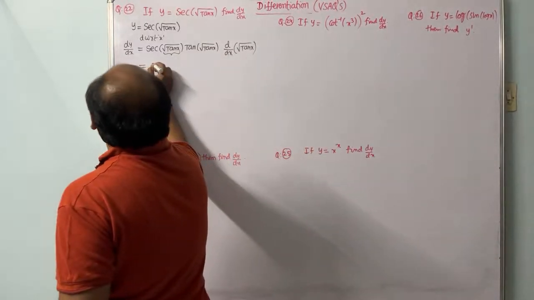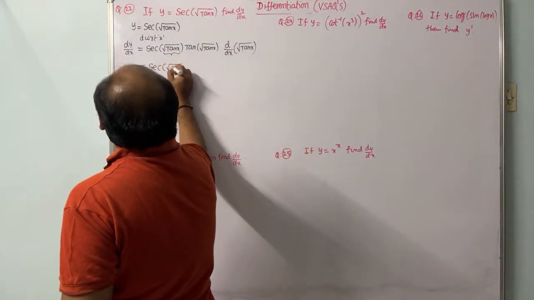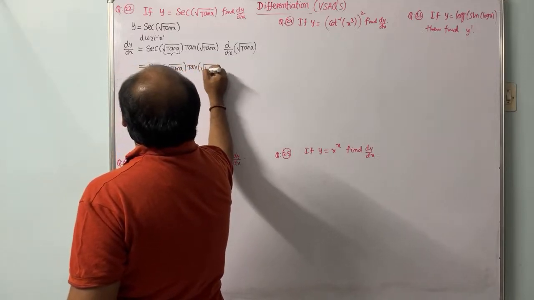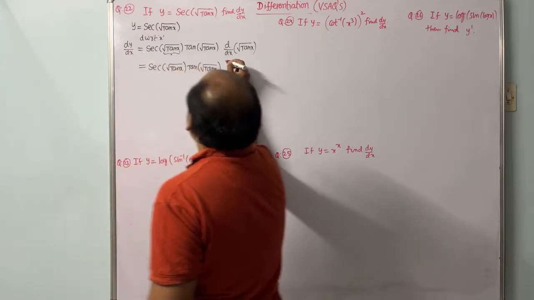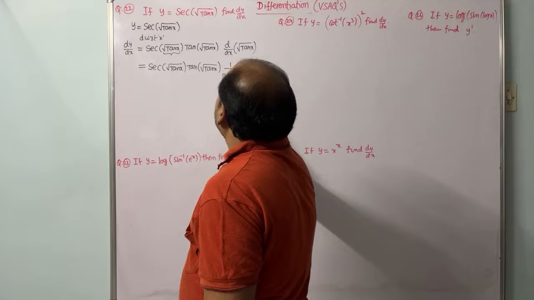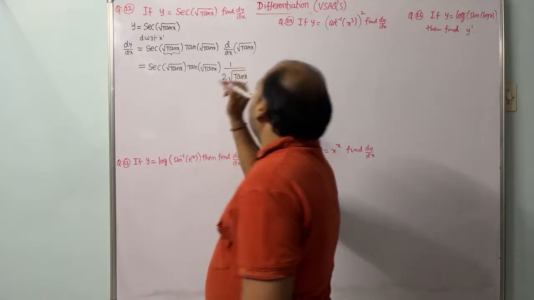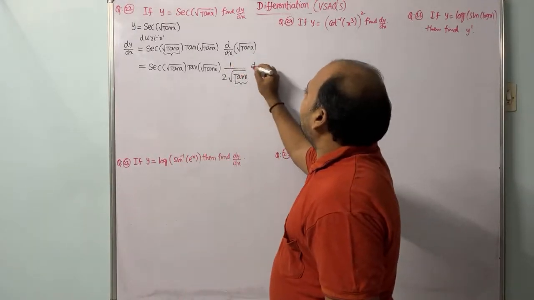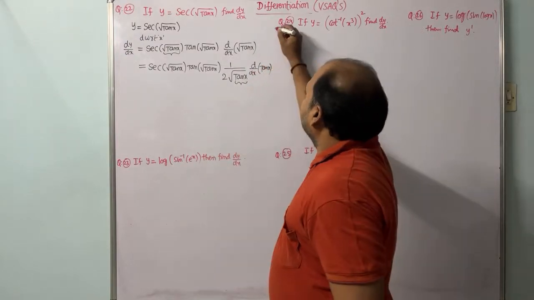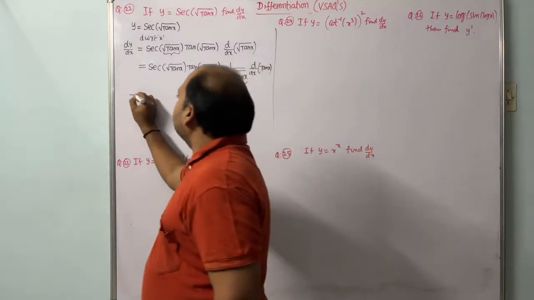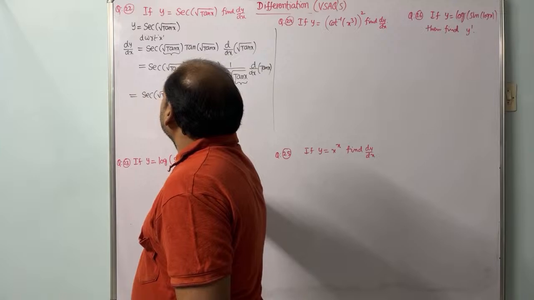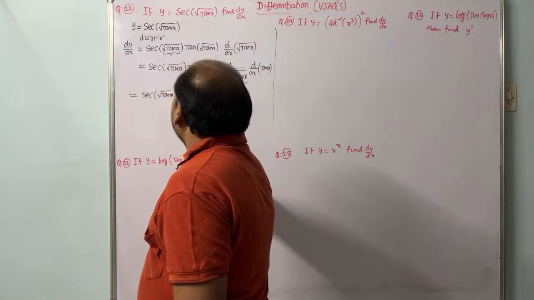So secant of root tan x into tan of root tan x, into d by dx of root tan x which is 1 by 2 root tan x. Again this function you have to differentiate: d by dx of tan x. So which is equal to secant of root tan x into tan of root tan x.